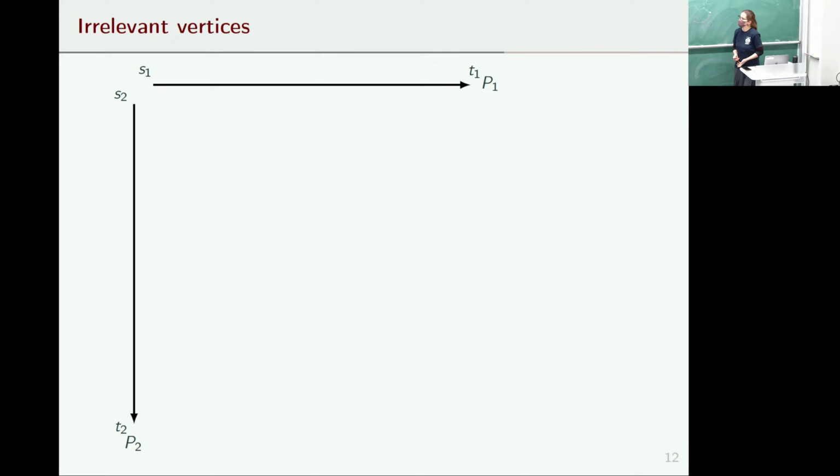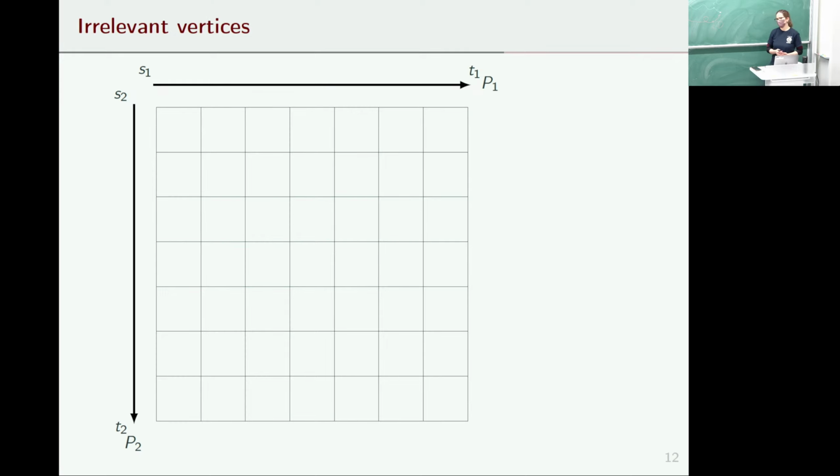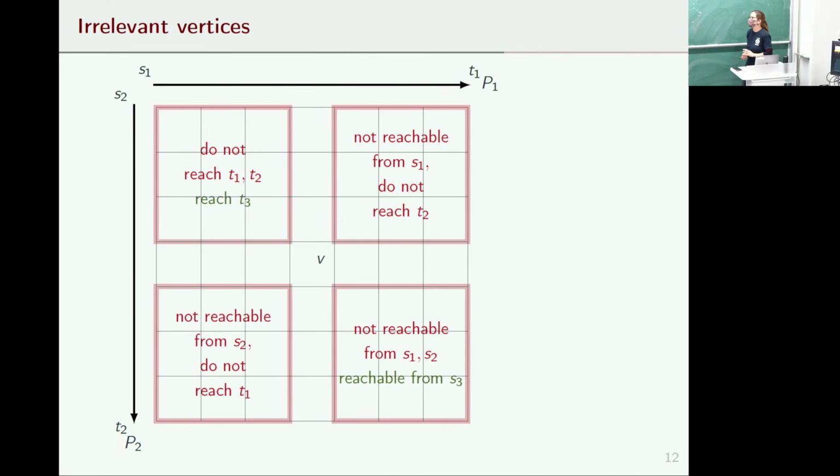And now I have the constraints considering which of these are the same. So I look at this as a huge matrix, and whenever I select a vertex that is on both of these paths, I add a 1 into this matrix. And this gives me, as I have large grid rank, a large grid minor.